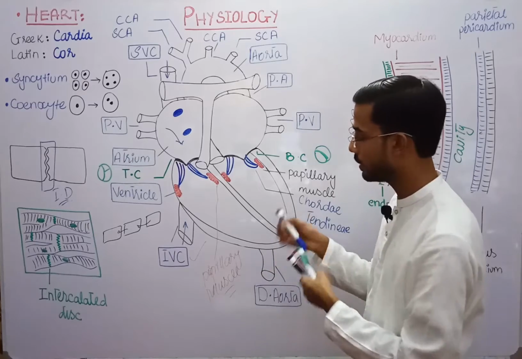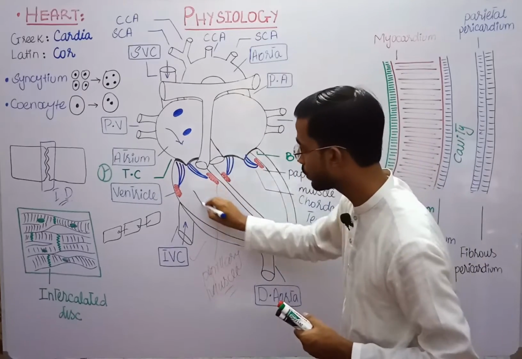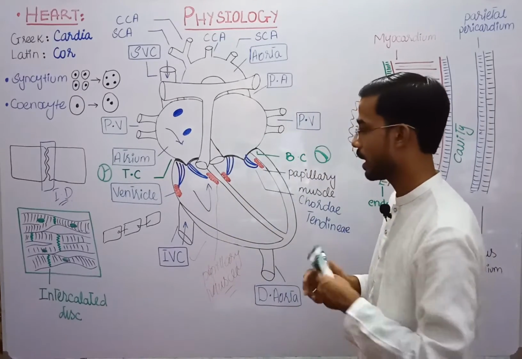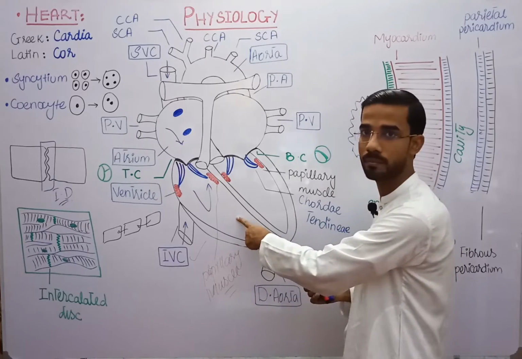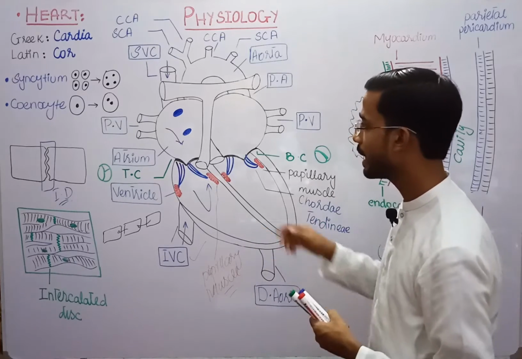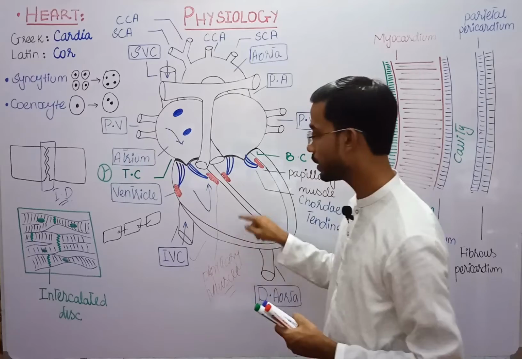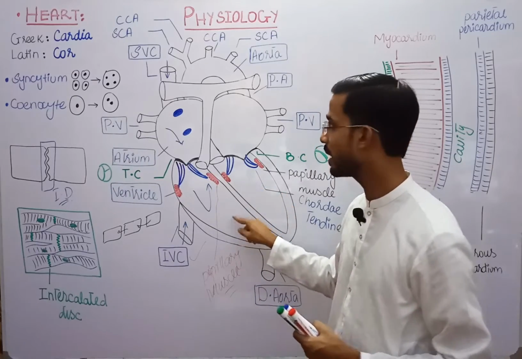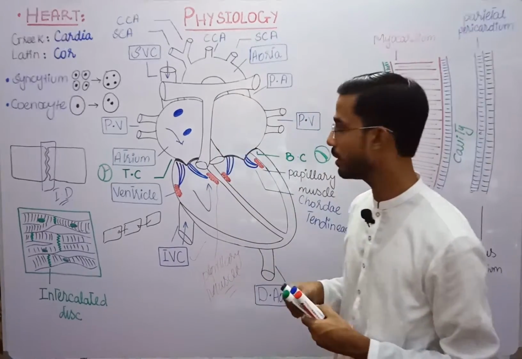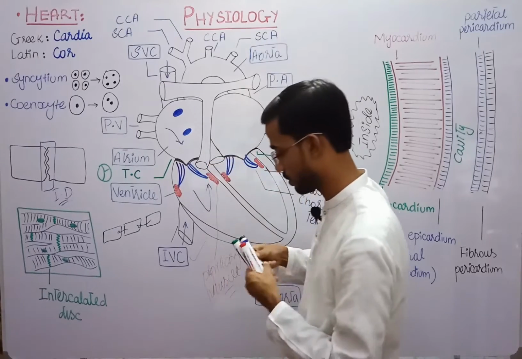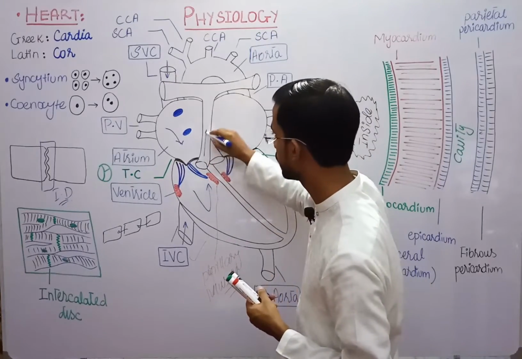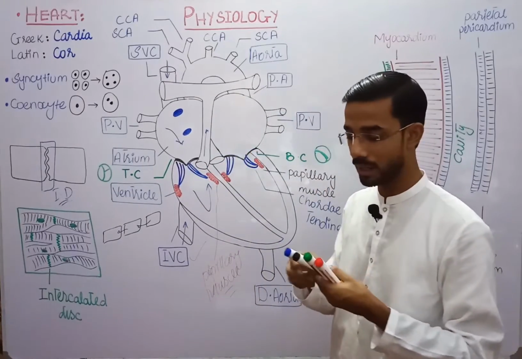And then the blood moves into the right ventricle, right? And then after flowing into the right ventricle, blood will move into the pulmonary trunk, right? This one through another valve, right?